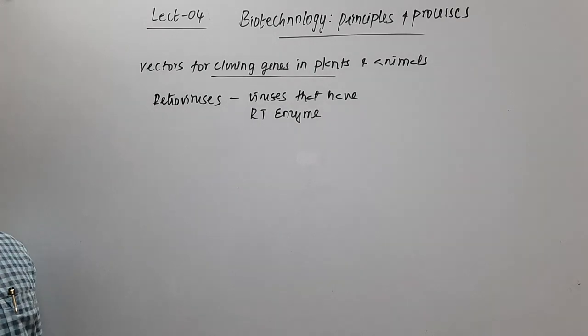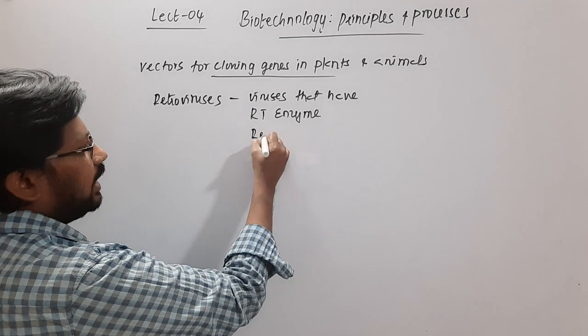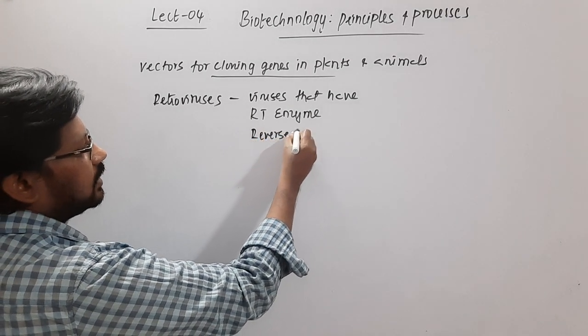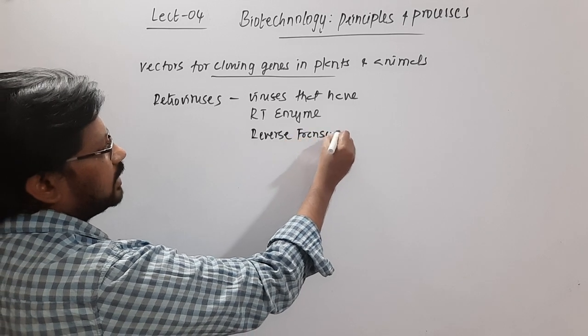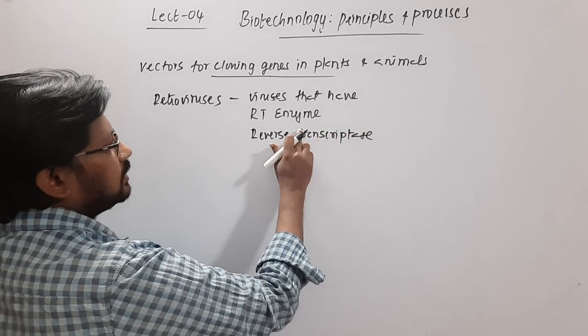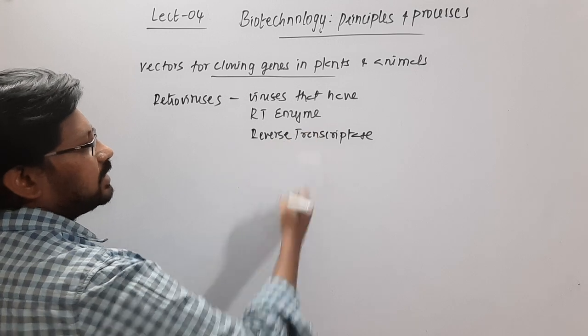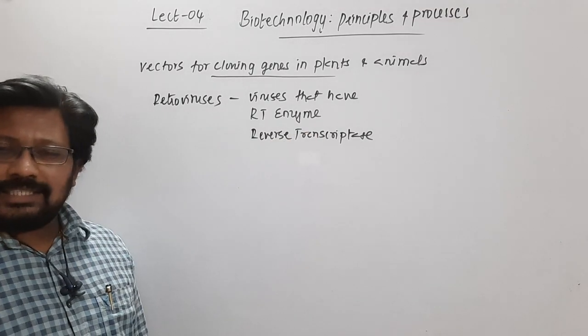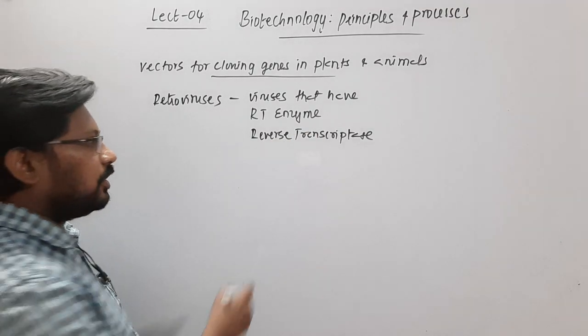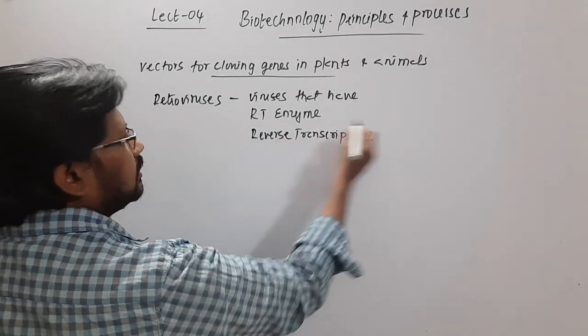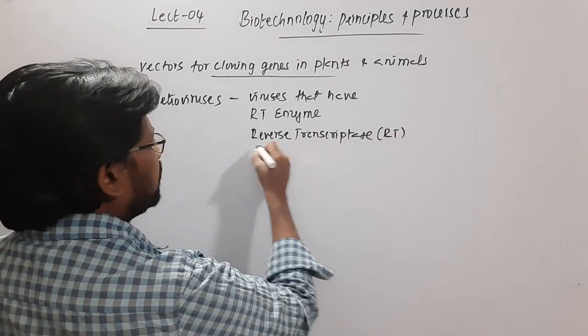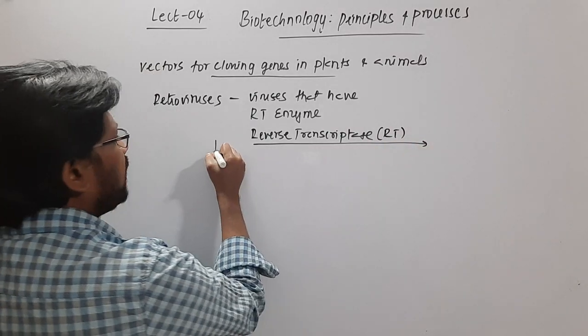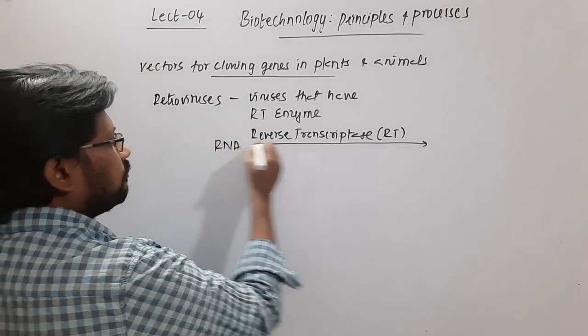They have the RT enzyme, which means reverse transcriptase. What this reverse transcriptase enzyme is going to do is make DNA from RNA.